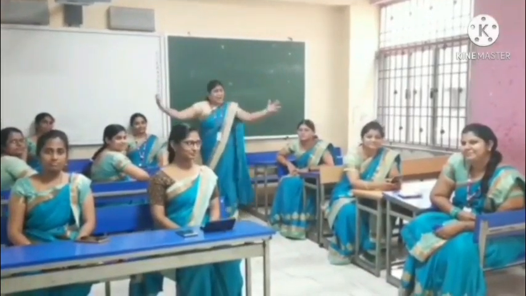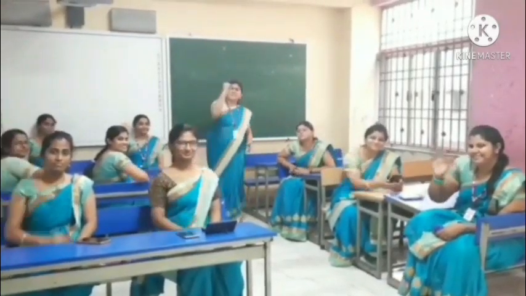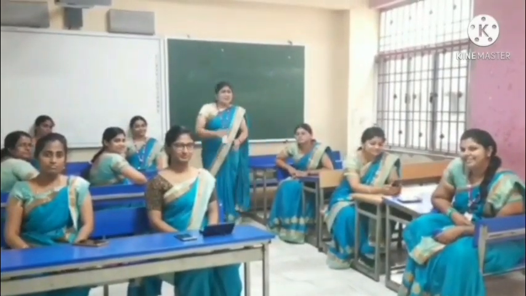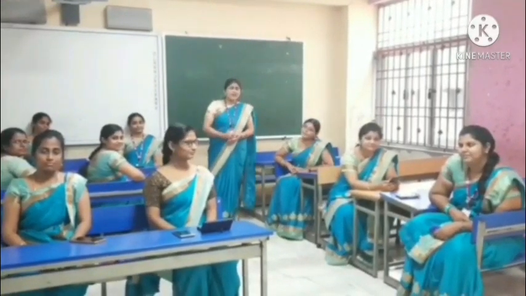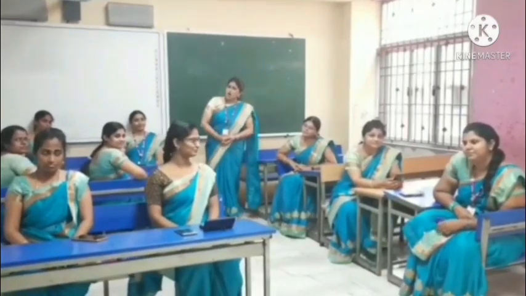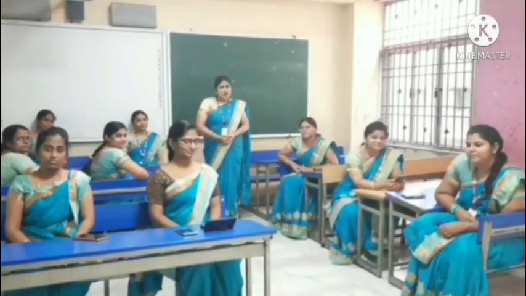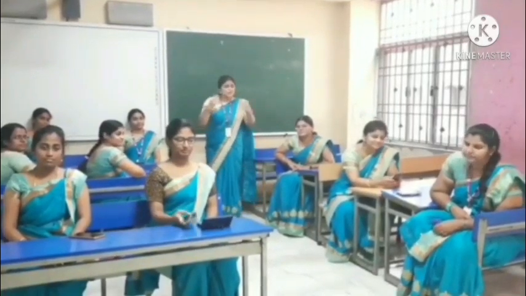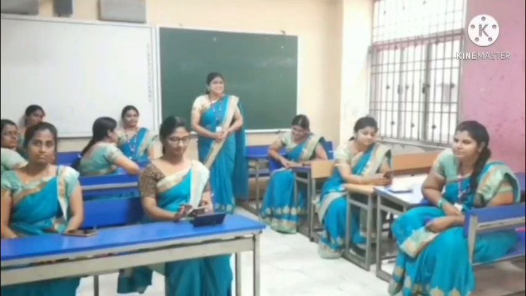Yesterday, we, our teachers, have joined together to teach you the grammar part. Has and have are helping verbs or auxiliary verbs. Okay, children? Now, we are going to teach you has and have with teaching aids.